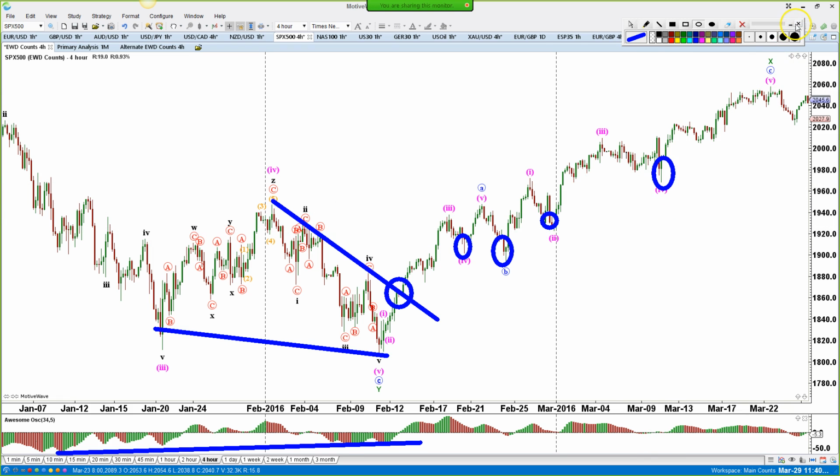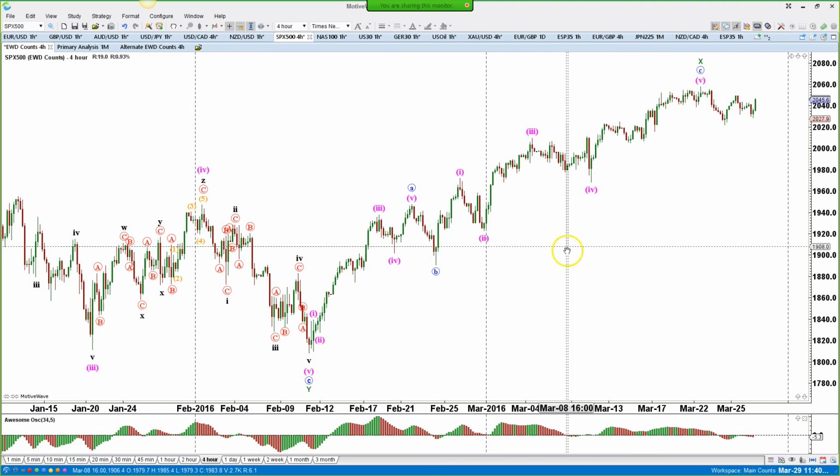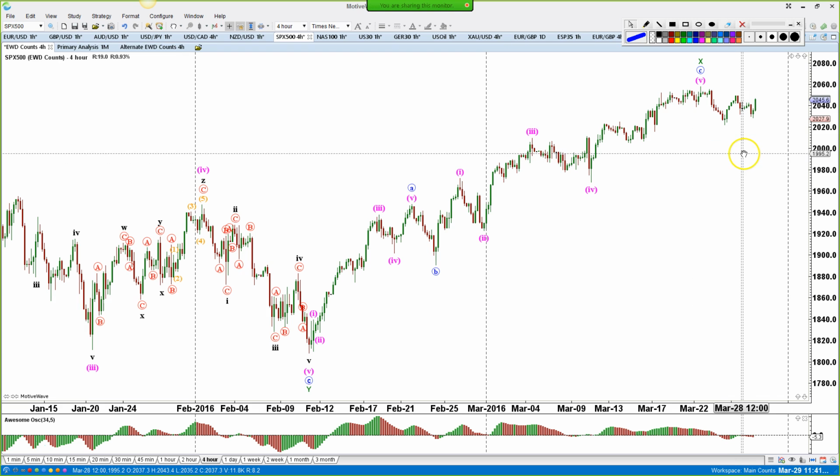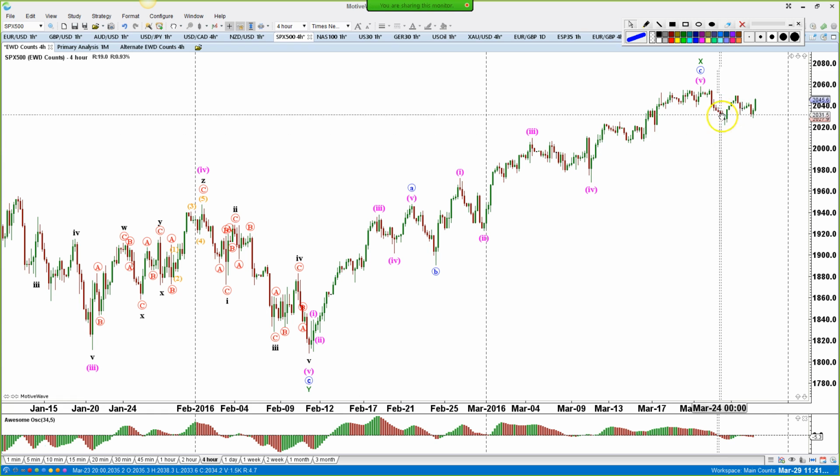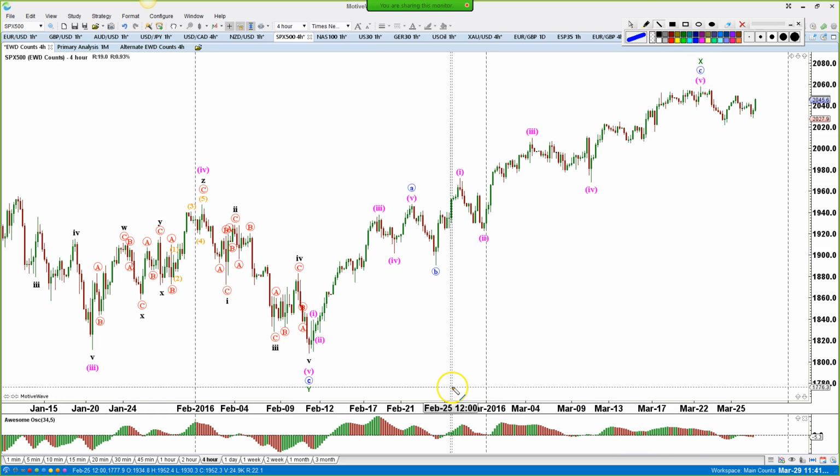But now at these levels, what we did today, for example, in our daily video, we said to our clients, start taking your profits if you keep your trade long open, because we're starting to see something that we do not like.